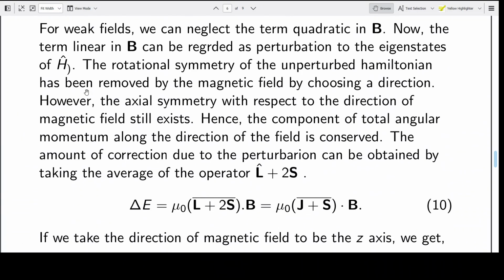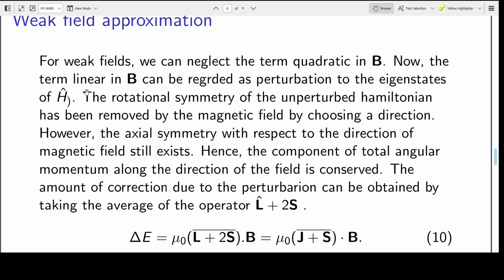Weak field approximation. For weak fields, we can neglect the term quadratic in B. Now the term linear in B can be regarded as a perturbation to the eigenstates of H naught. The rotational symmetry of the unperturbed Hamiltonian has been removed by the magnetic field by choosing a direction. However, the axial symmetry with respect to the direction of the magnetic field still exists. Hence, the component of total angular momentum along the direction of the field is conserved.